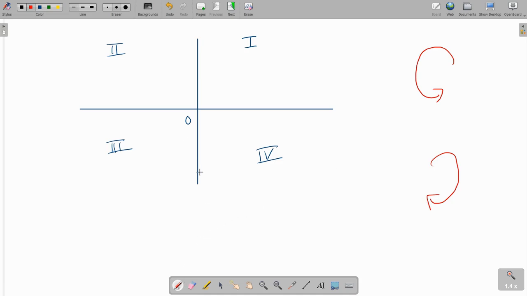Because of this, the angle starts from here, this being the 0 degree, this is the 90 degree, this is 180 degree, this is 270 degree, and when we finish one full cycle, we come back to the original position, it becomes 360 degree.